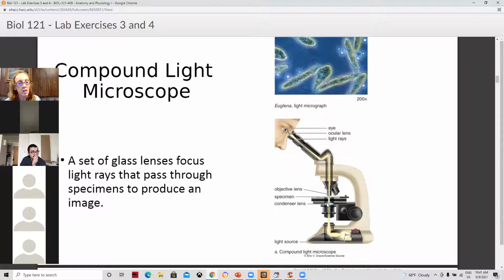It uses light and it focuses that light onto your specimen. And we work to condense that light using the condenser lens before. These two are really good, the ocular lens and the objective lens are really good at magnifying.